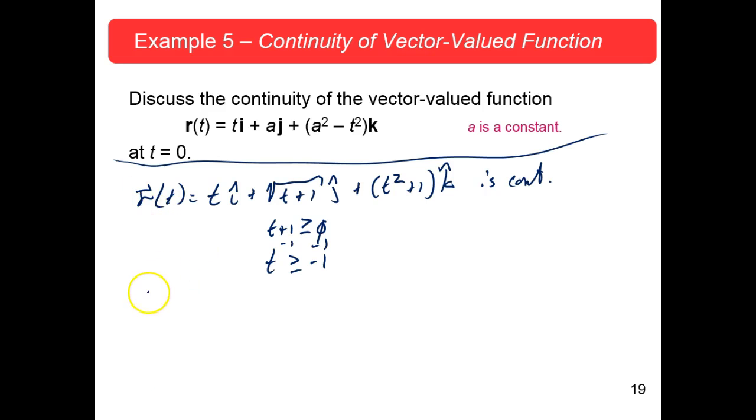This vector value function r of t is continuous for all t greater than or equal to minus 1. Otherwise not. This didn't care, that didn't care, but they're good for all values.